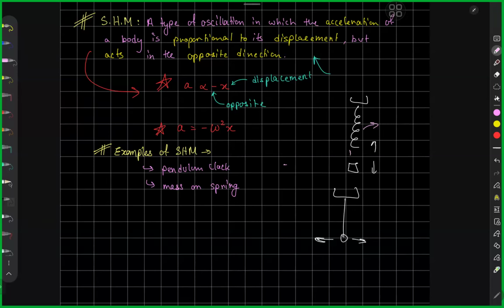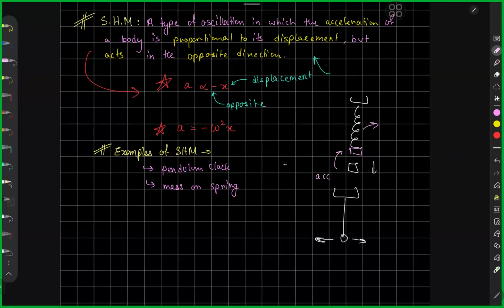Isn't this the equilibrium position over here, if you model it? Yes, it is. So when I extended the spring and pulled the mass down, now the acceleration is towards which position? Towards its equilibrium position.